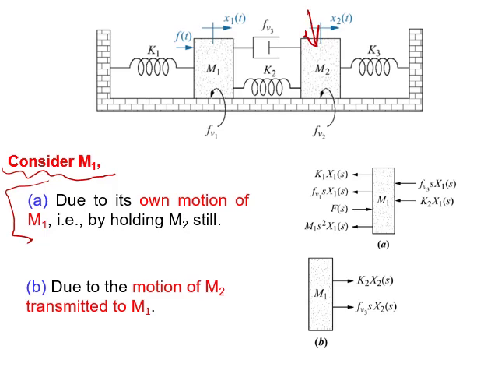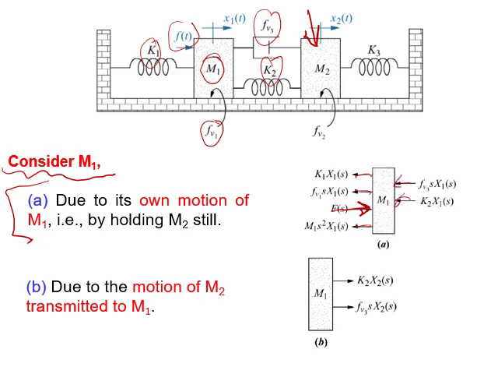What am I going to get? I'm going to get forces with M1, K1, FV3, K2, and FV1. These are the elements or forces applied to the mass M1. So when I want to draw the free body diagram, we are going to put the force in one direction and the other forces in the opposite direction.